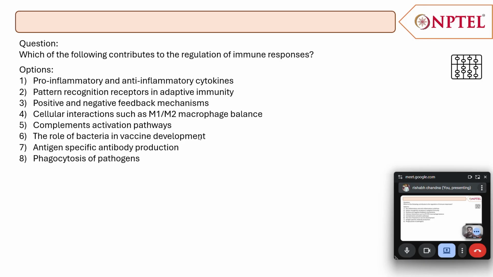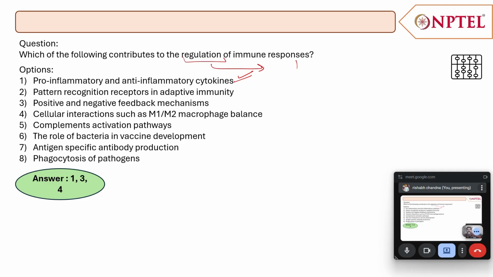So the correct answers are 1, 3, and 4. So pro-inflammatory and anti-inflammatory cytokines. Basically regulation here means either an increase or decrease in the immune response. So pro-inflammatory cytokines will increase the inflammation, and anti-inflammatory cytokines will actually decrease inflammation.